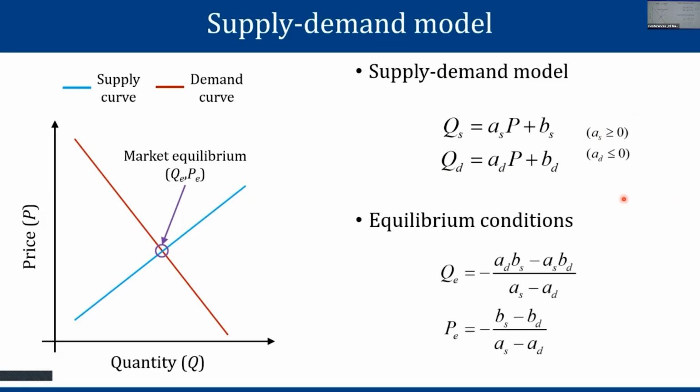So by using these two equations, we can obtain the explicit expressions for the market equilibrium conditions. So QE is the amount of the product traded in the market, and PE represents the market price of the product.